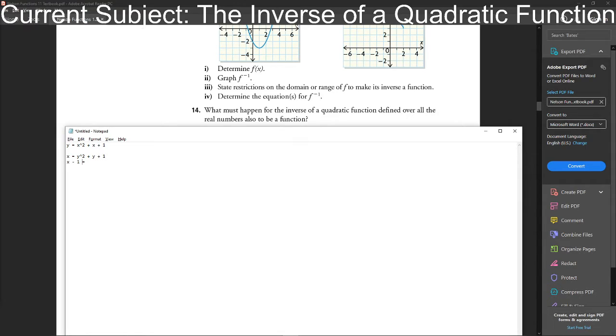Next, we have equals y to the power of 2 plus 1. I mean, plus y, because we move that. Okay. So this is what we're left with on the right-hand side.